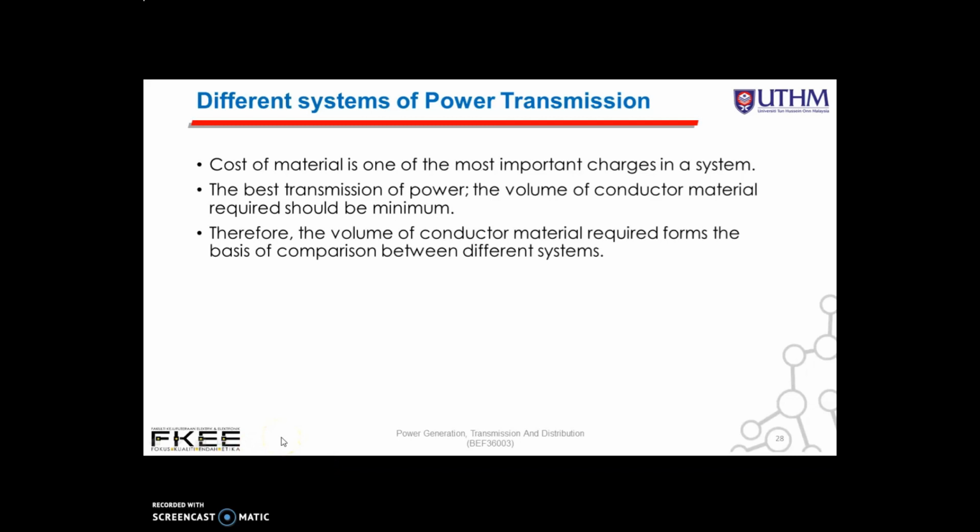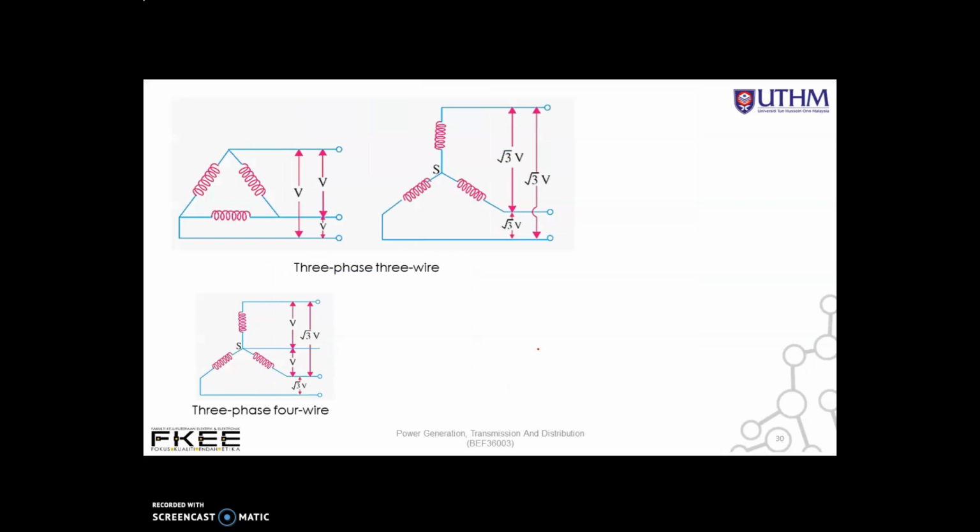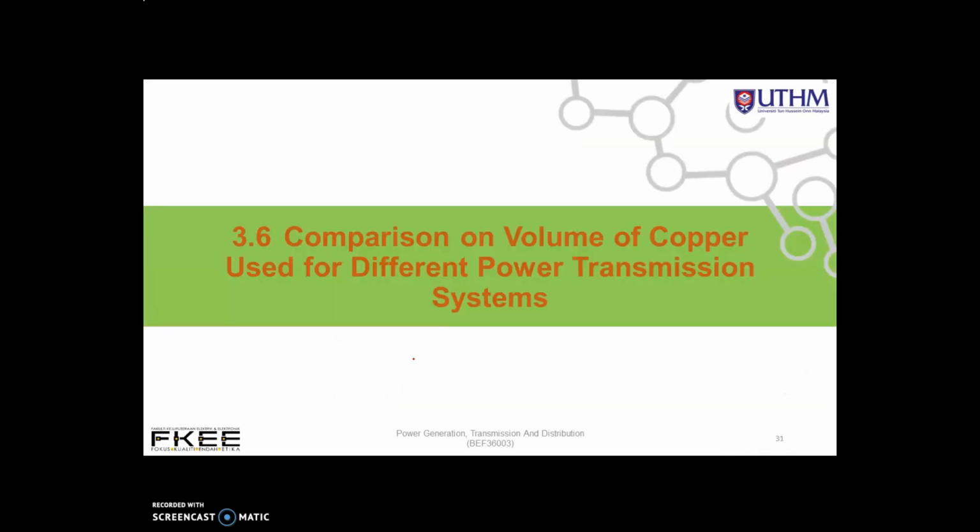This is an example figure of the DC 2-wire, then a single-phase 2-wire with midpoint earth, then two-phase 3-wire and two-phase 4-wire, and we have three-phase 3-wire and three-phase 4-wire. So these are all the various types of transmission systems.